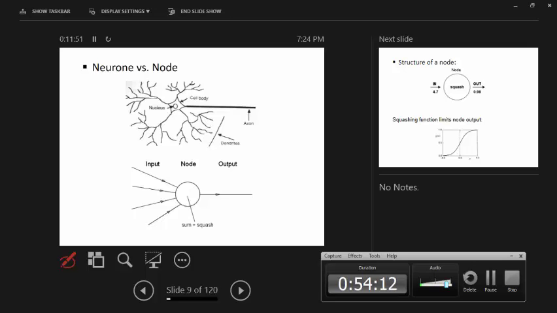In biology, we have a cell. The cell has a nucleus inside. There's a neuron, right? We call this a neuron. That is connected to other neurons and others, right?